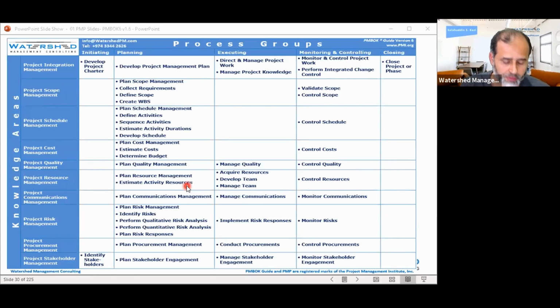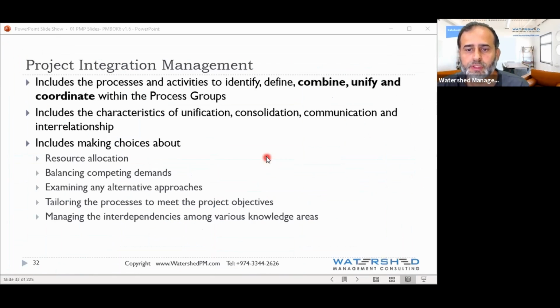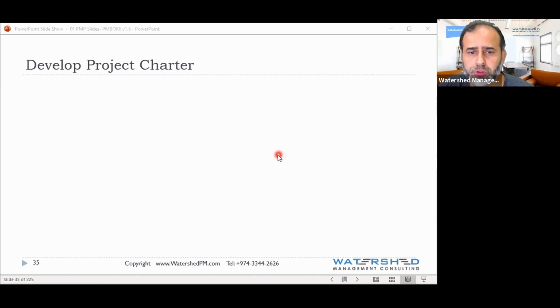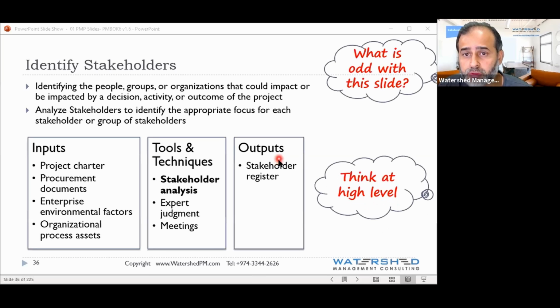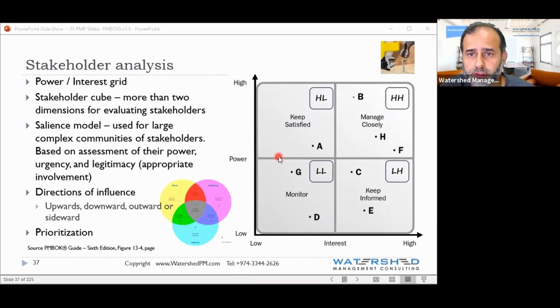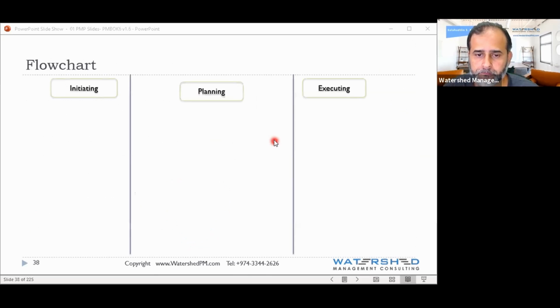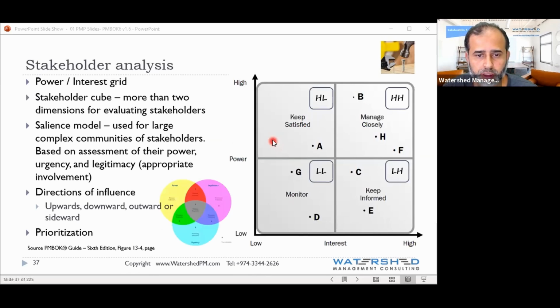So I'm not covering this in the class, but when you read the chapter, you will have an idea of what is in the stakeholder register and what is not. These are examples of the kind of questions. Usually, most of the questions from identify stakeholders should be easy. It's one of the easy knowledge areas. The scenario questions are tough.